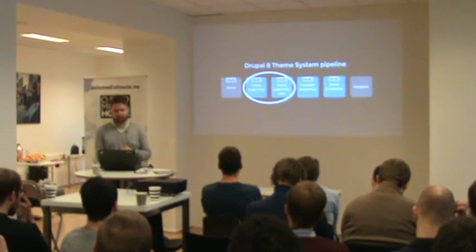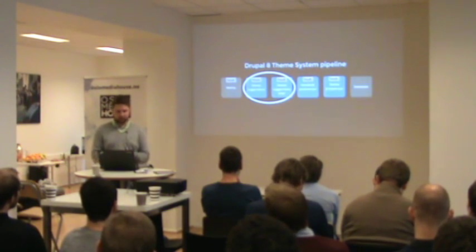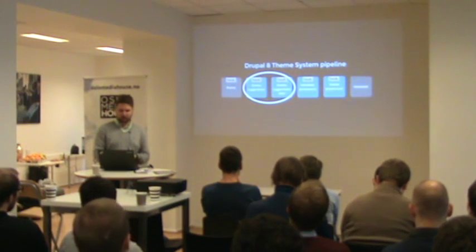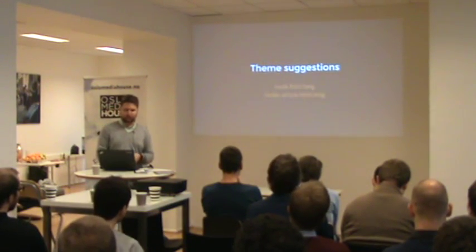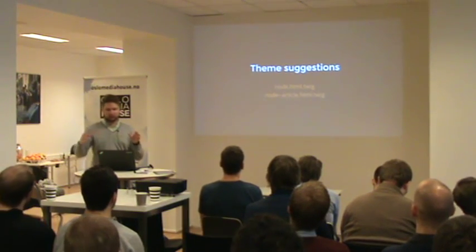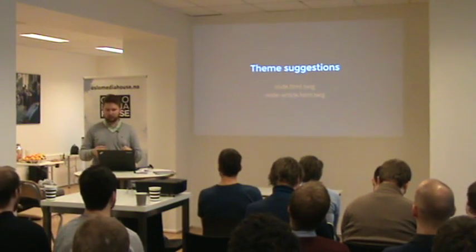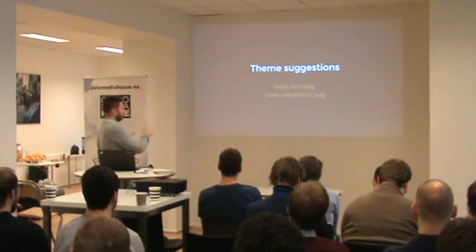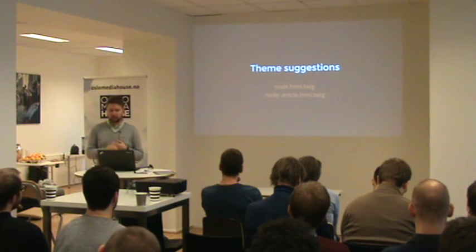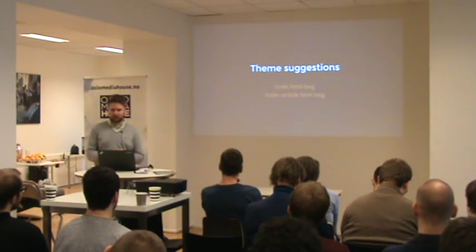After you have printed your render array, what's going to happen is we have theme suggestions happening. Theme suggestions are for when you use the node template and you want to override that for the article node type. You can override it using node--article template. So that is called a theme suggestion.